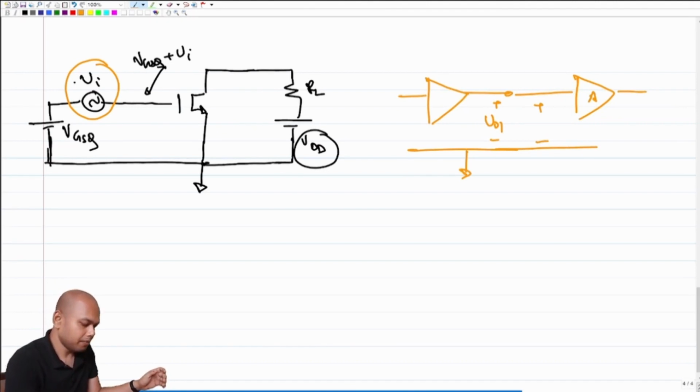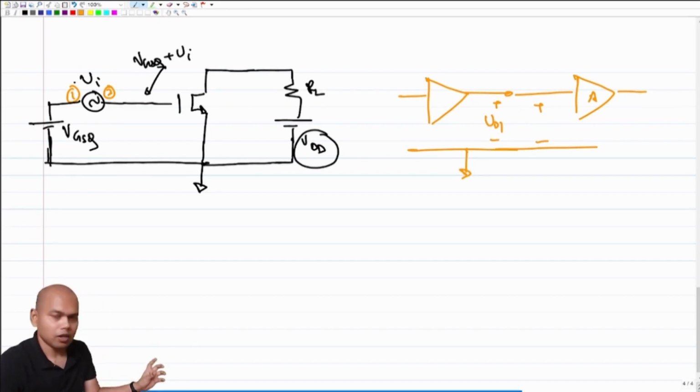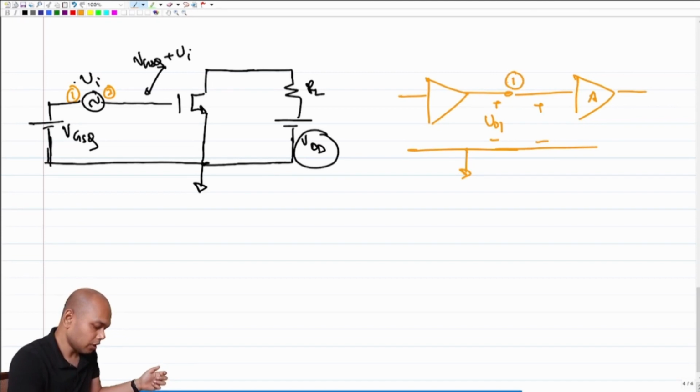What I'm trying to point out here is that in the picture on the left, you are assuming that you have access to both the terminals 1 and 2 of the signal source, but in reality you probably have access only to terminal 1 because the other terminal is implicit ground, right? So the problem essentially is that we seldom have access to both nodes of the battery or even the signal source.